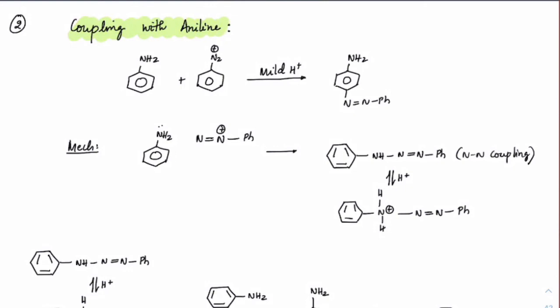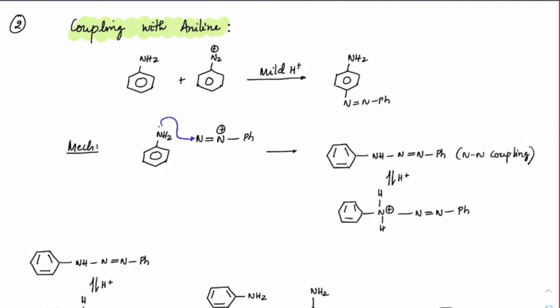Now check this. First, in the mechanism steps, what we can observe is that the available lone pair on nitrogen will usually be reactive with electrophiles, and that is why we have seen that the Friedel-Crafts reaction does not happen in general, or any other reactions for that matter. Electrophiles can be approached by nitrogen here.